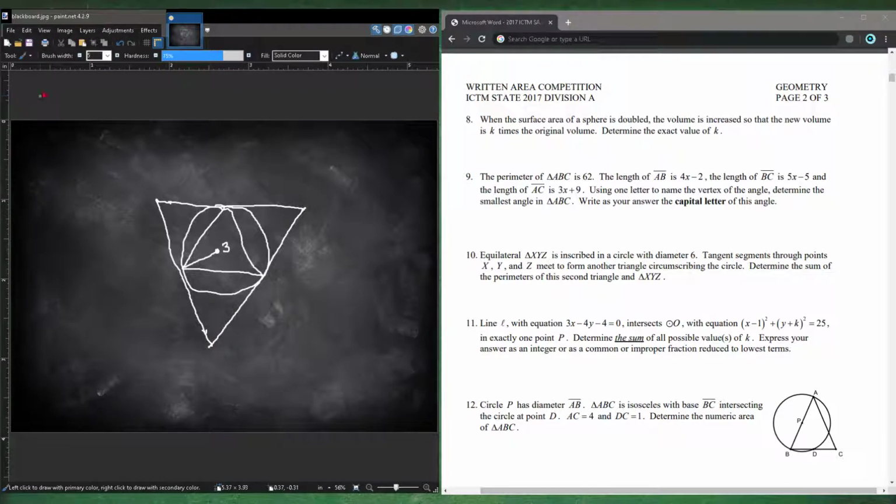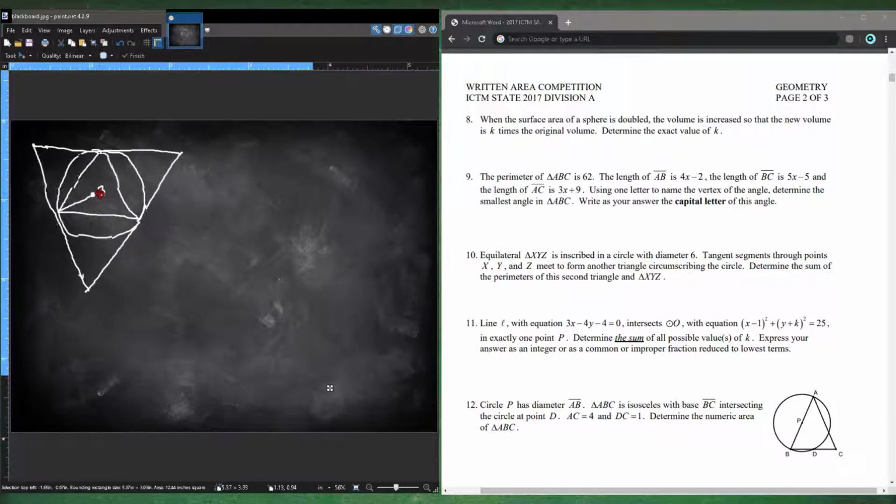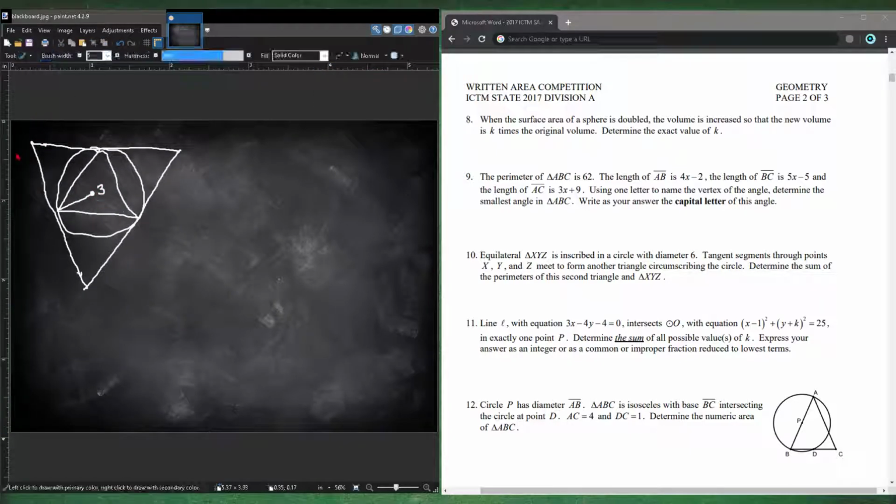So to do that, let's kind of move this over so I can actually do some math. Okay, so if there's a circle that's going around a triangle, like this one and this triangle, that's called a circumradius. And the circumradius is calculated by A times B times C over 4 times the area, right? So if you know that equation, our circumradius is actually 3, right? Because this is 3.